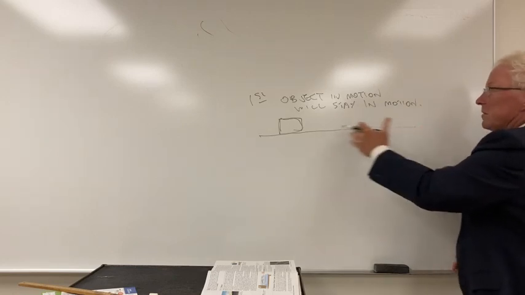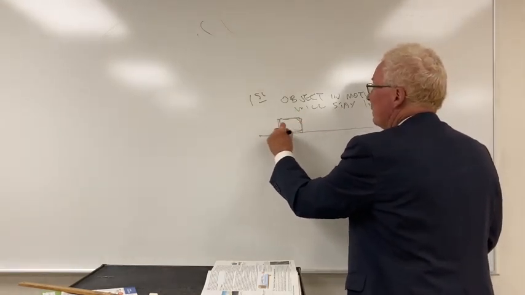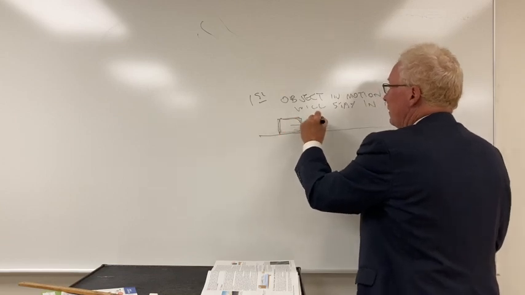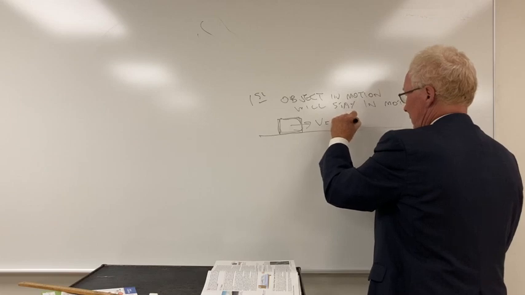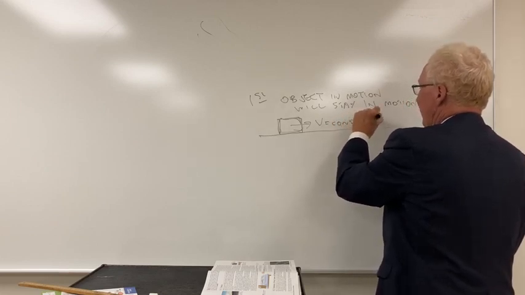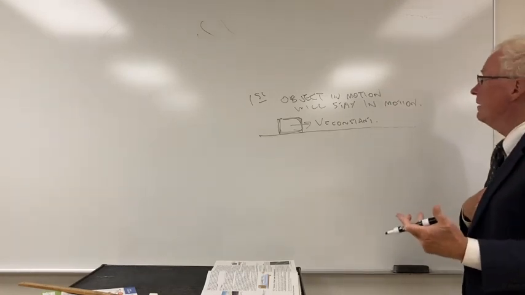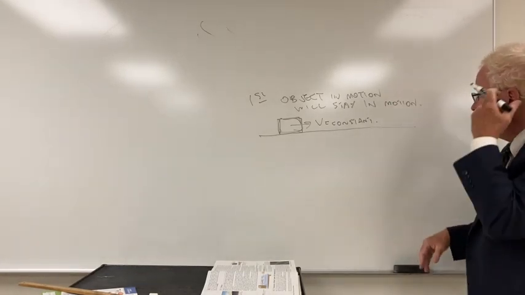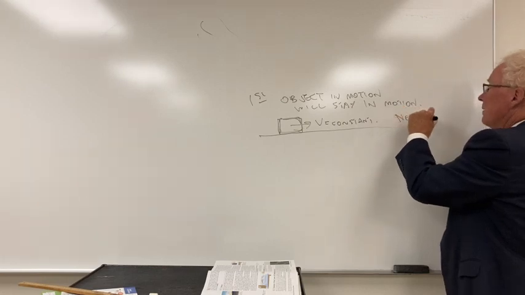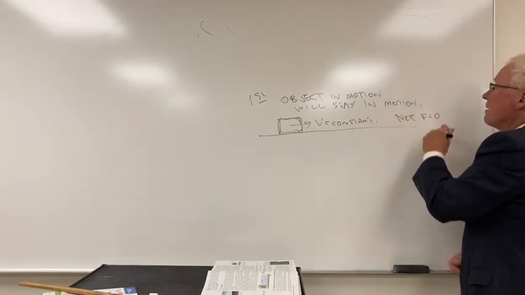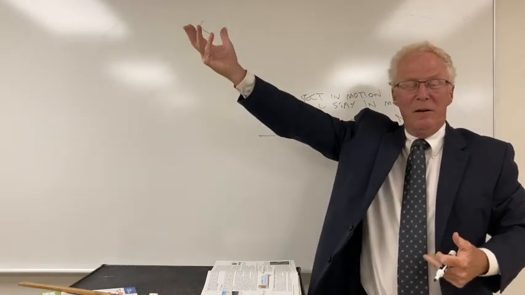So frictionless, meaning there's nothing to hold it back. It will move in a straight line with a constant velocity forever. It'll just go until it hits something. So that's what we mean. This also means that there's no force on it. Net force is 0.